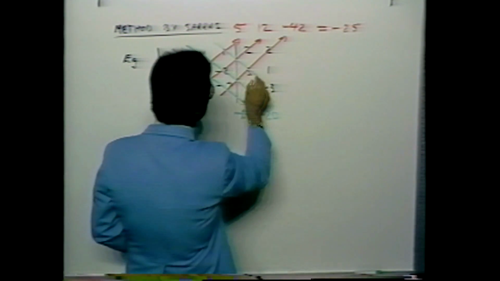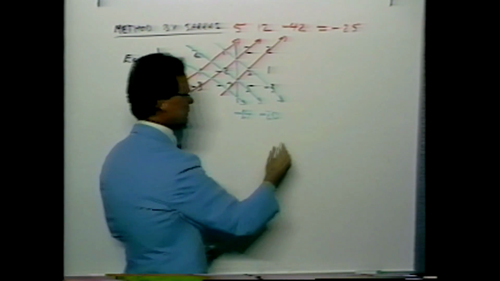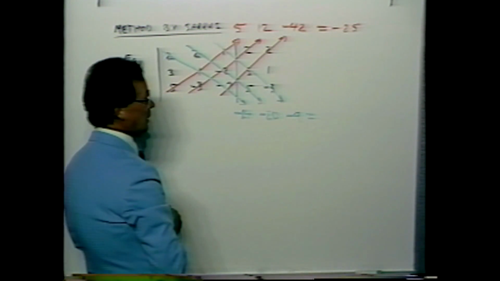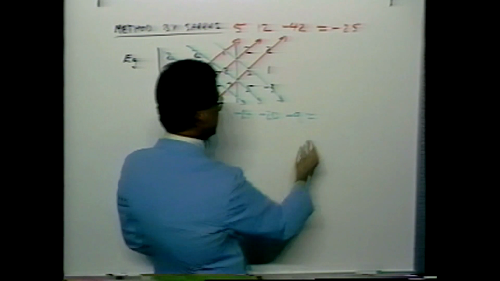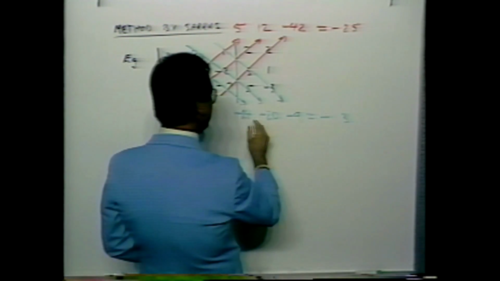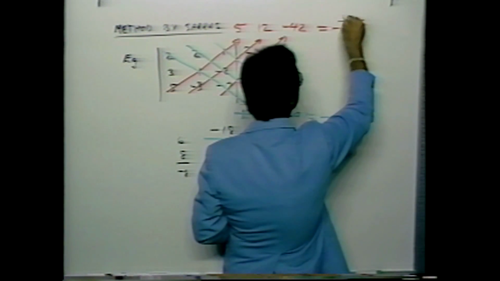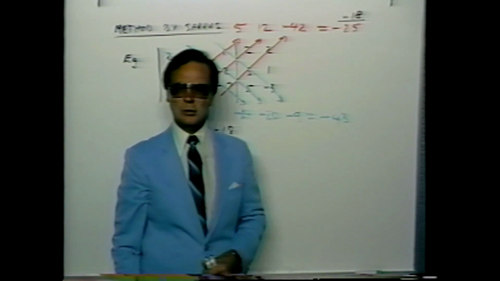And finally, the last diagonal of 3 numbers are multiplied, and the answer is minus 9. Take the sum of these 3 numbers, and the answer is negative, that'll be 3. Backwards subtraction here is negative 18. And that's the value of that 3 by 3 determinant.